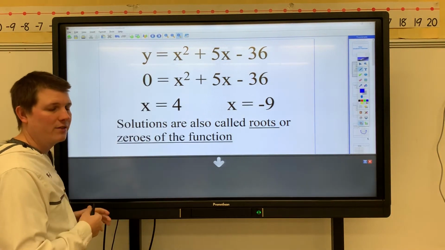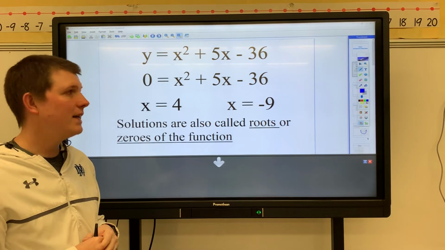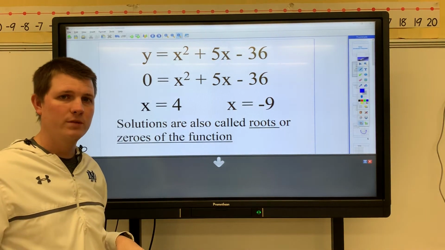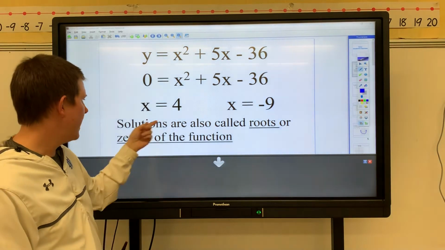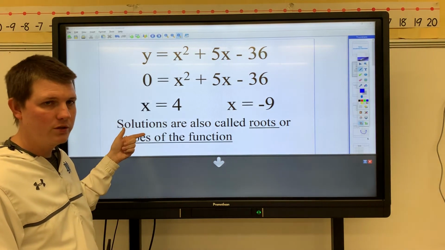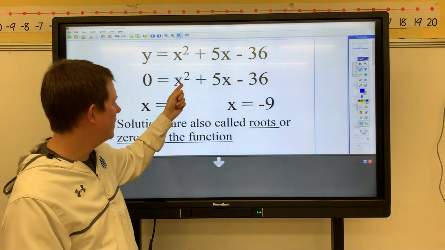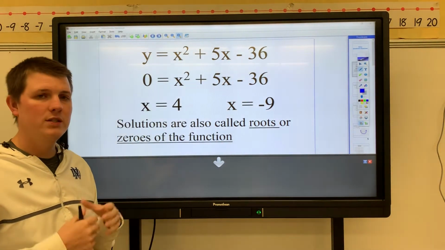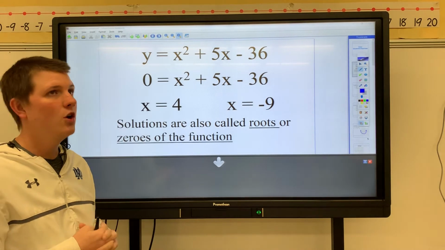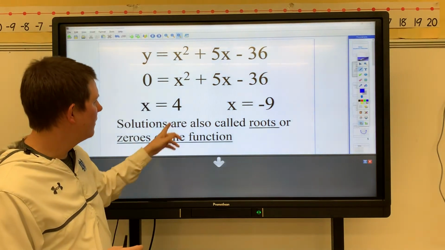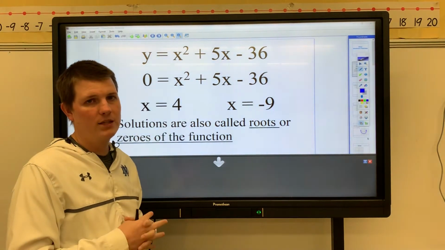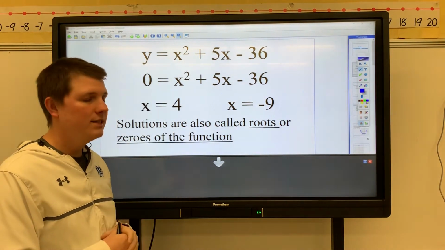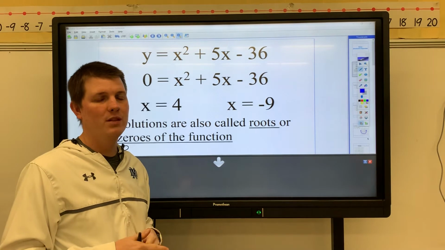So I know sometimes on the ACT, for example, it may give you a quadratic function like this and say, what are the roots? All that means is, what are the answers? What are the solutions? What are the numbers that I can plug in and make it true? Sometimes it may say, what are the zeros of the function? Same thing, what are the solutions? What numbers can I plug in and it makes it true? Okay? So I just want you to be aware, the words roots and zeros of the function all mean the same thing, they mean the solutions.